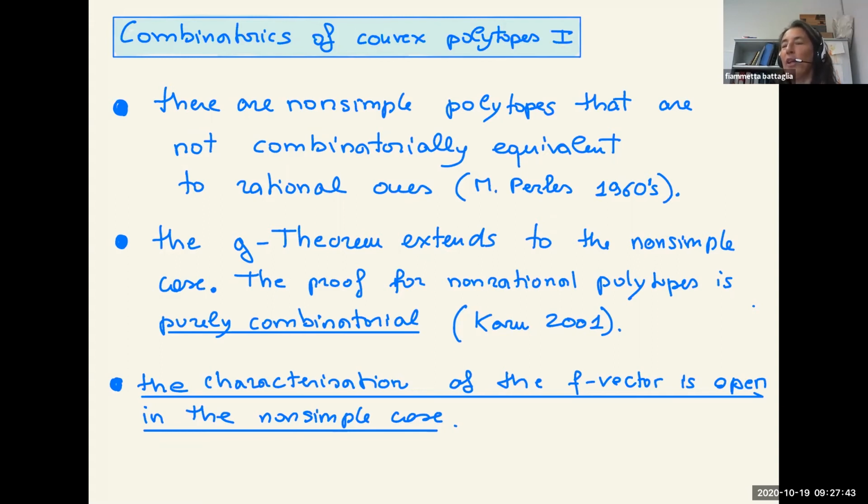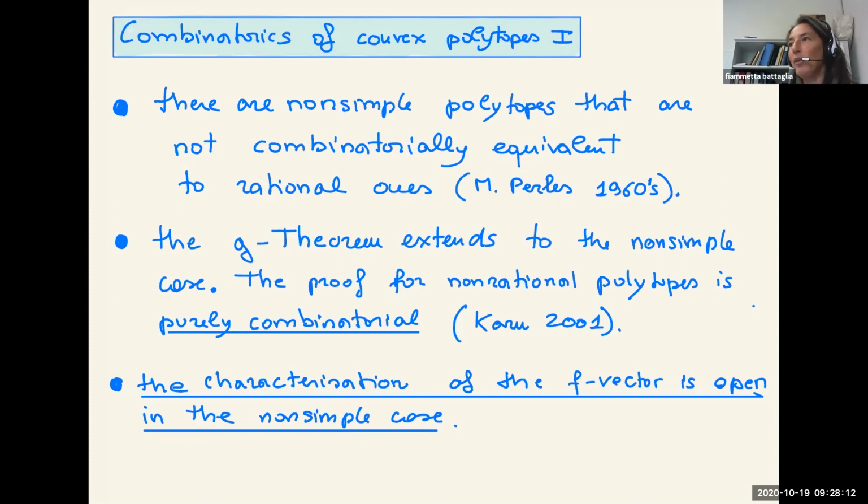So this means that the combinatorics of non-rational, non-simple polytopes cannot be deduced from the combinatorics of rational ones. The G theorem was extended to the non-simple case, but for non-rational polytopes, the proof is purely combinatorial.